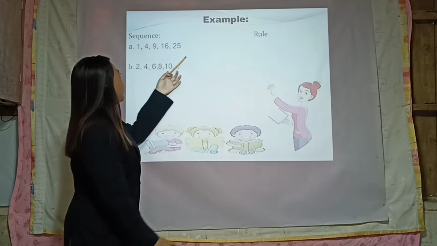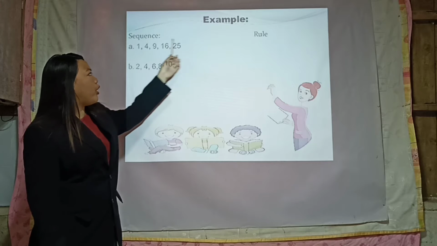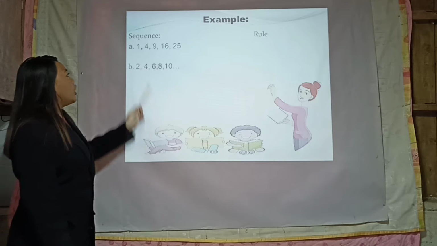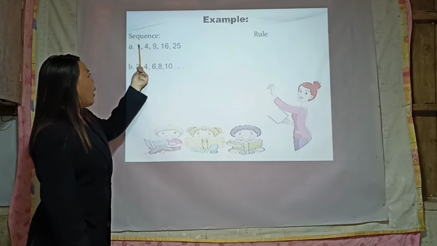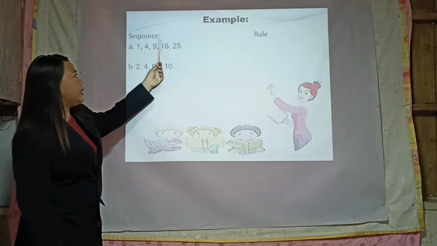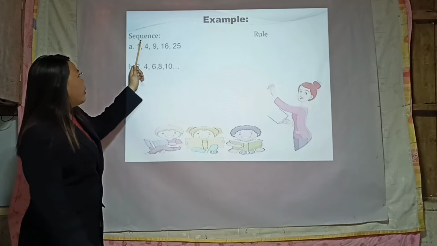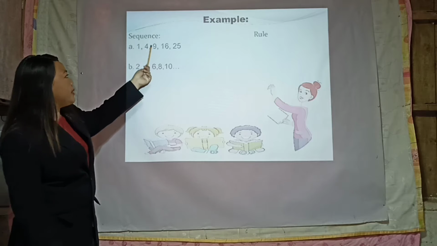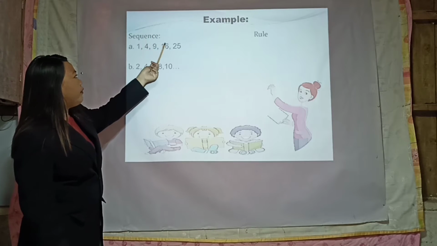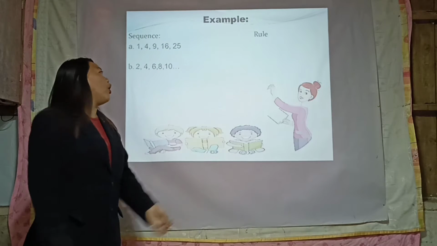So, this is an example of a sequence. These are the terms: 1, 4, 9, 16, and 25. The first one is the first term, second term, third term, fourth term, fifth term, and so on.